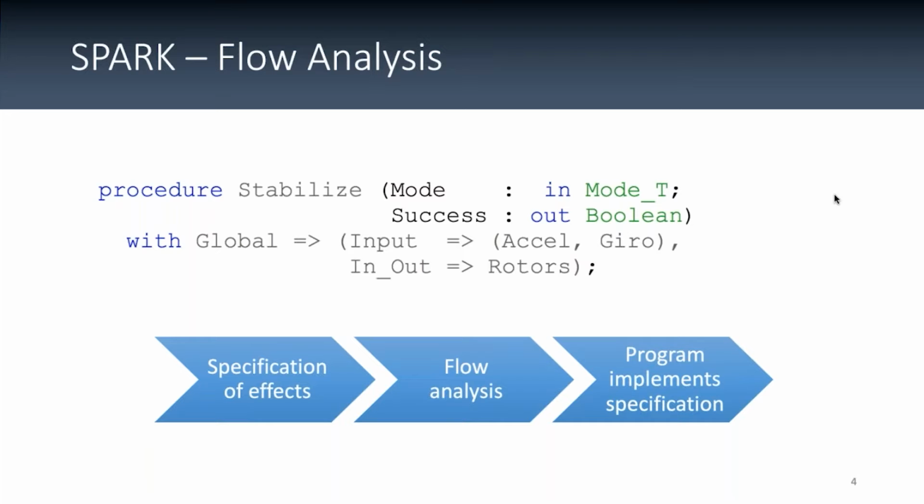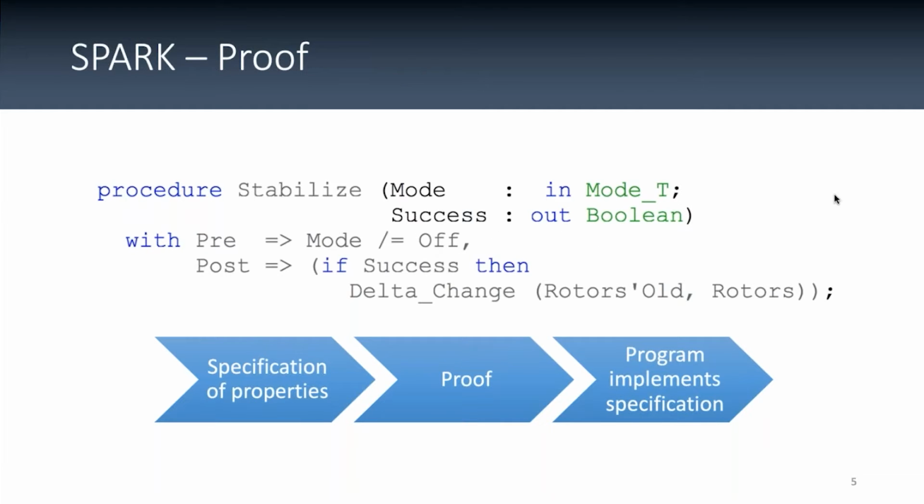Based on these implicit and explicit specifications of effects, the flow analysis part of Spark will check that the implementation of the procedure matches the intent, matches the specification. Otherwise, you'll get messages.